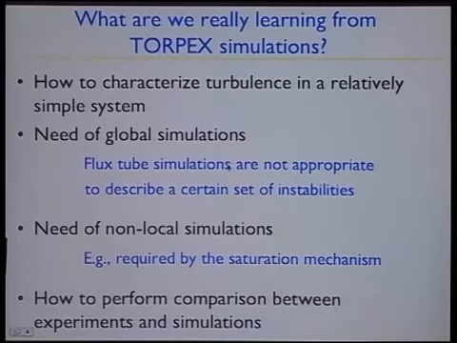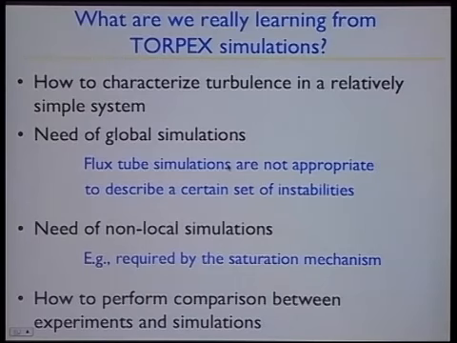First of all, the need of global simulation. For example, flux tube simulation will not be appropriate to describe a certain set of instabilities, for example, the resistive ballooning mode and the resistive interchange mode. And then we have also learned about the need of non-local simulation, for example, for the saturation mechanism.